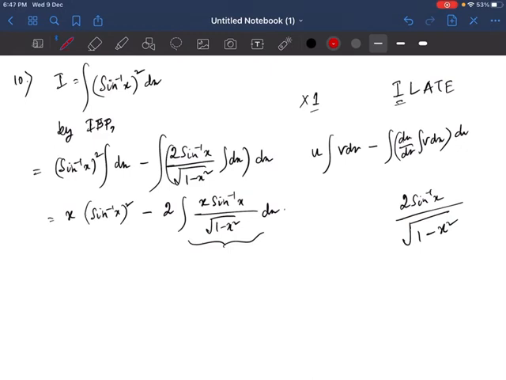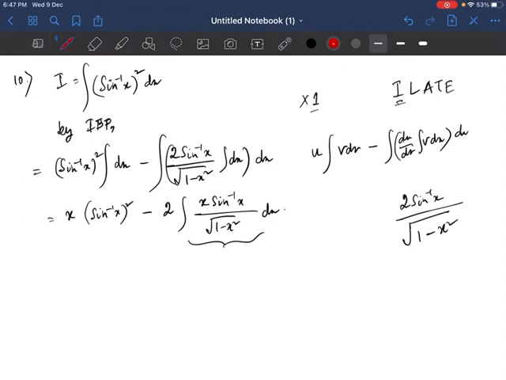One thing, we can do it entirely by substitution: x sine inverse x by root over 1 minus x square. If I substitute sine inverse x equal to t, we can do this problem very easily.